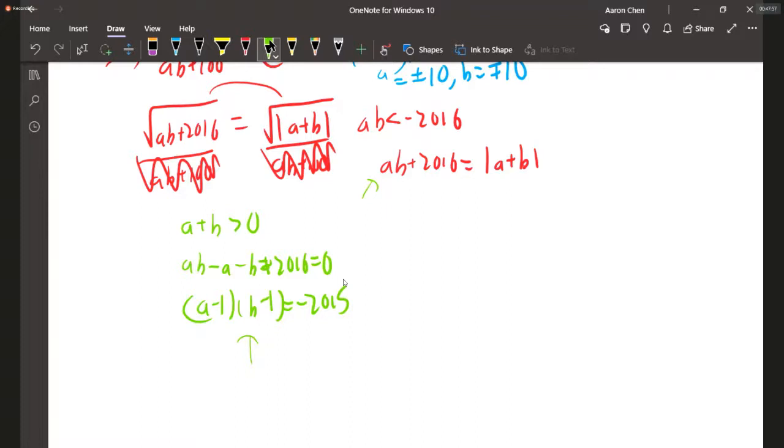And now the other case is if a plus b is less than 0. Hold on a second. Okay. Yeah, this is the complex case, with the negative absolute value of a plus b.